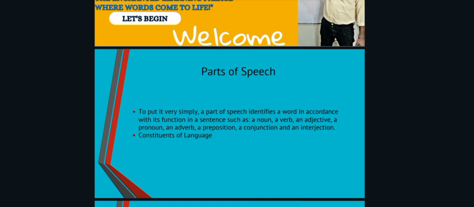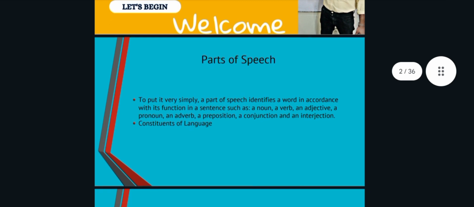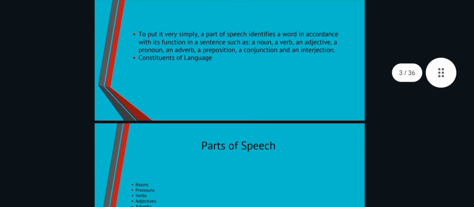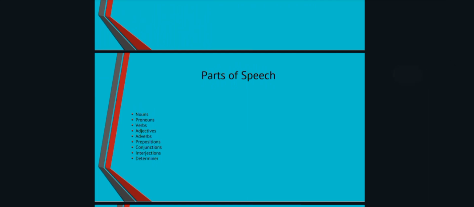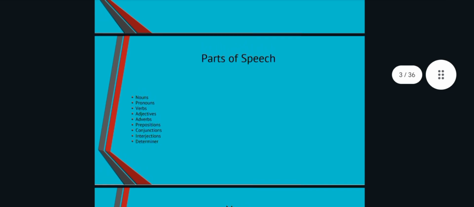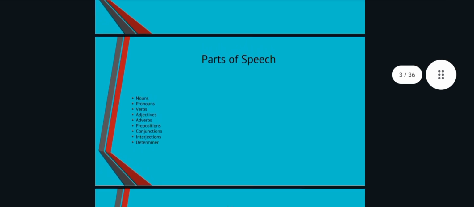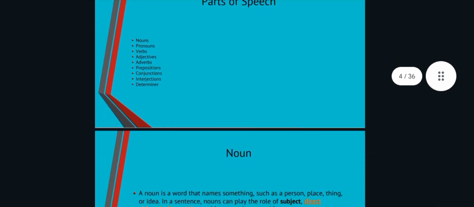These are the constituents, the parts, of a language. We should know these parts. Today we will start with nouns and pronouns, and I will discuss the noun, so stay connected with us.